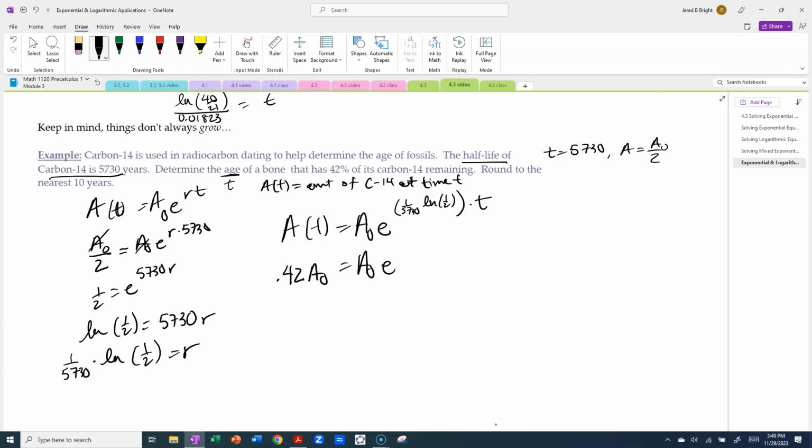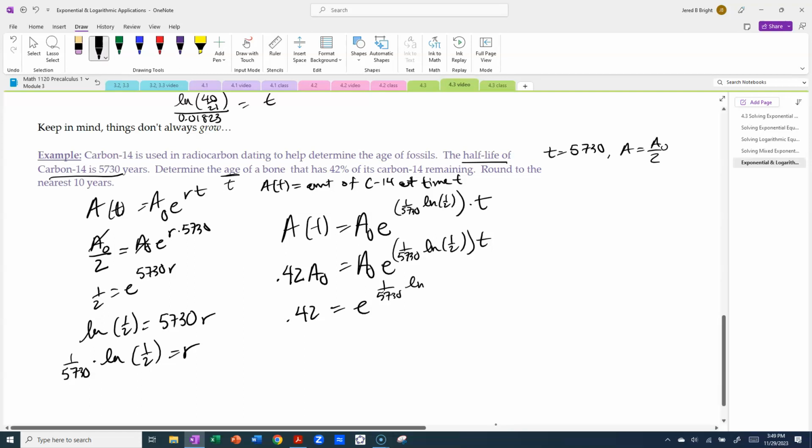I'd be looking for t. Divide the A naughts out, I'd get 0.42 is equal to e to the 1 over 5730 natural log 1/2, all times t. Convert to logarithmic form.